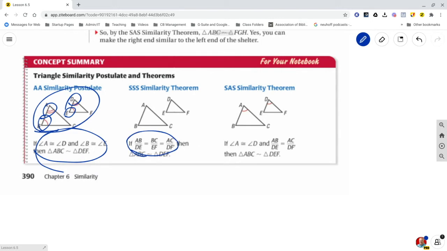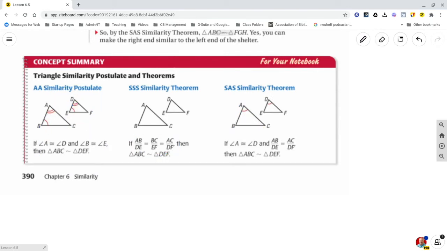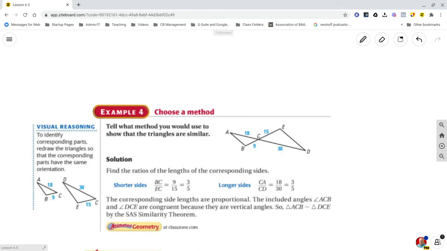If we can show that all three of the corresponding sides have the same ratio, then those will be similar. And the last was side angle side. We know we have an angle and then the included sides. If those have the same ratio, then we can also use that to prove that two triangles are going to be similar to each other.